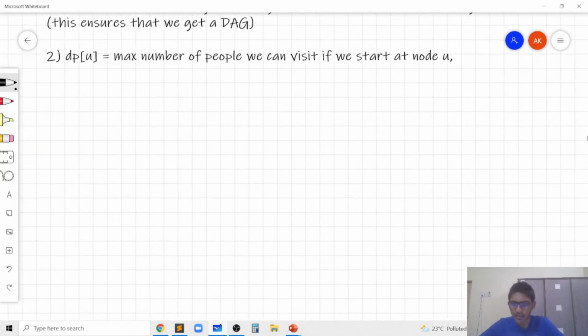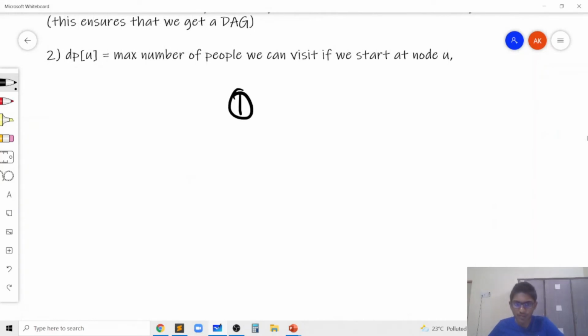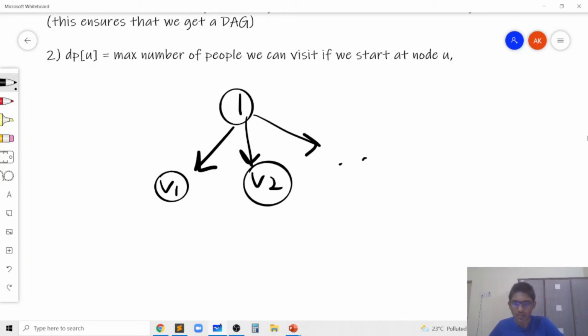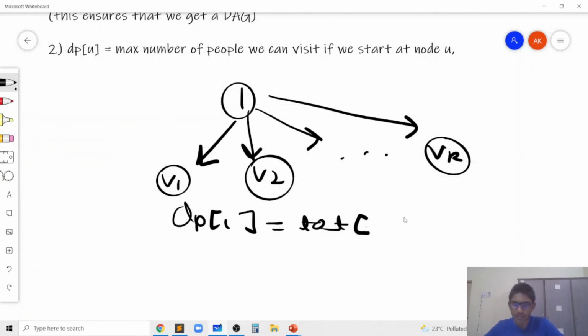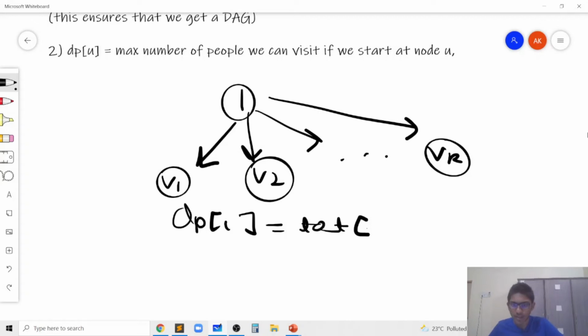So for example, let's say we were computing dp of node 1, and let's say that these were the edges, and that there were k children. Then in this case, dp of 1 will be built from c of 1, which represents the number of people in node 1, but since we may get multiple nodes in that strongly connected component, that's why we can represent it this way.